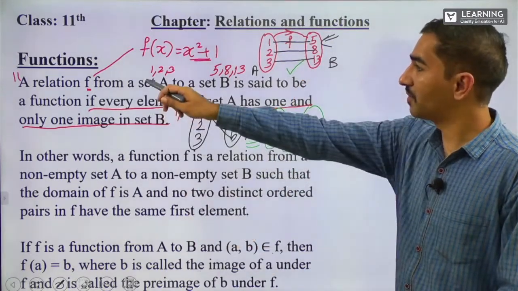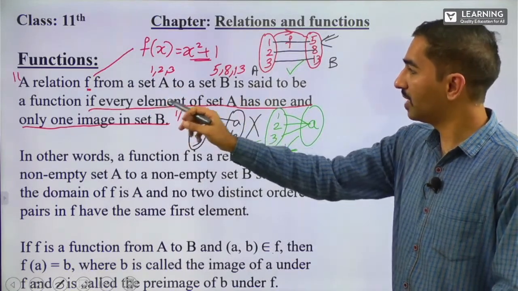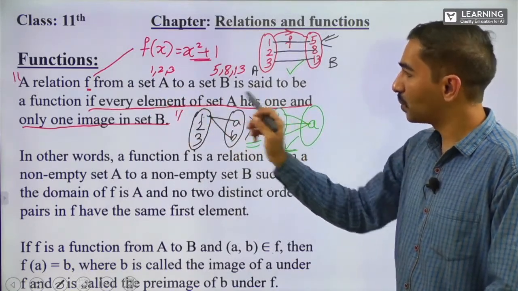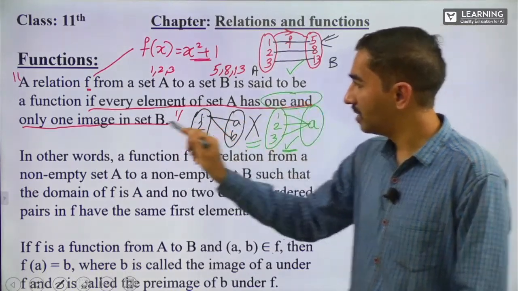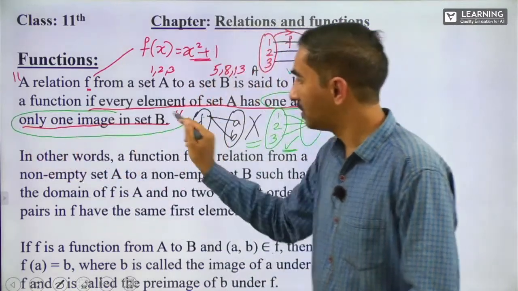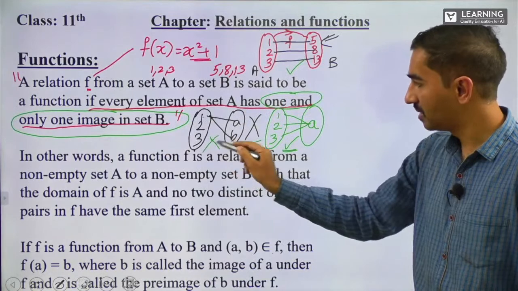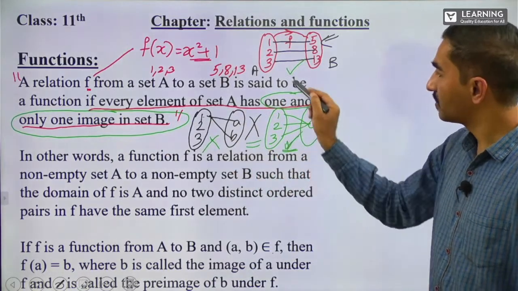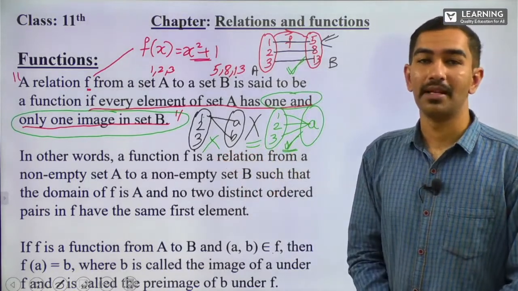That is what this definition is telling. A relation F from set A to set B is said to be a function if every element of set A has one and only one image in B. So mark this. It is satisfying here, not satisfying here, but satisfying here as well. So this is called a function.